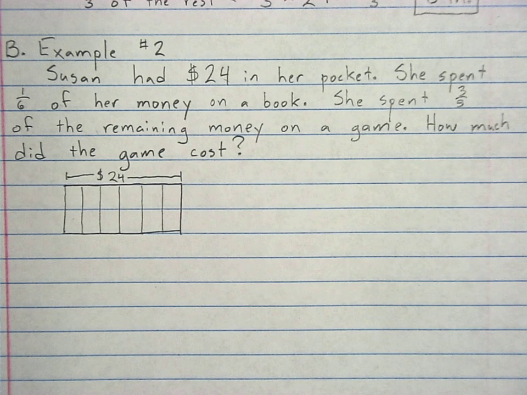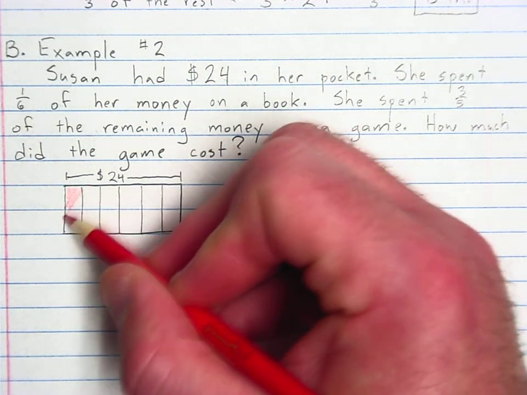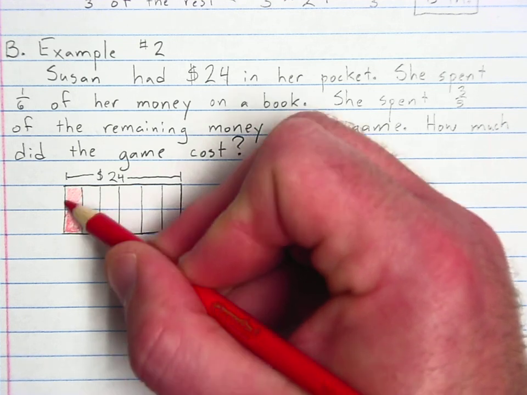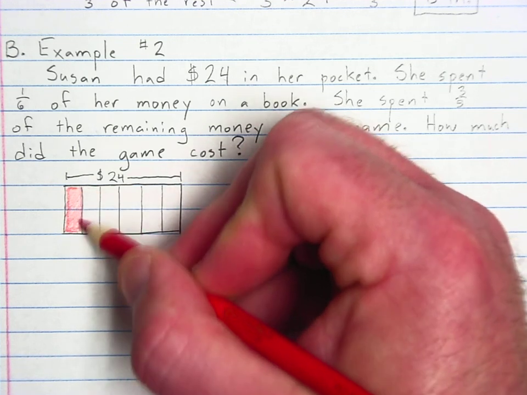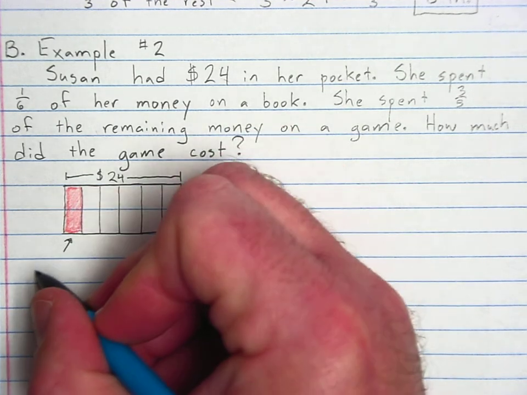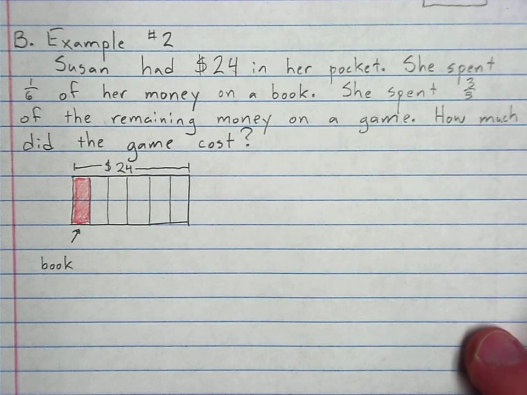Now, Susan spent 1/6 of her money on a book. So this section right here is going to tell you how much she spent on the book. That's 1/6. That's her book right there. Now from this point, you have a few different options on how to proceed.